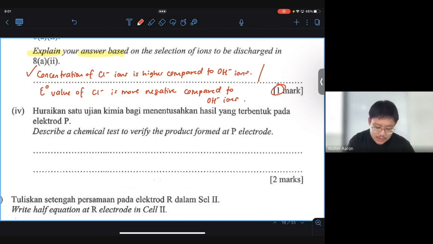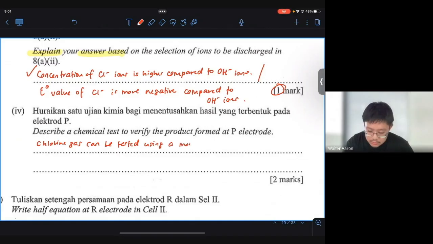So you say: chlorine gas can be tested using a moist blue litmus paper. The litmus paper turns red.